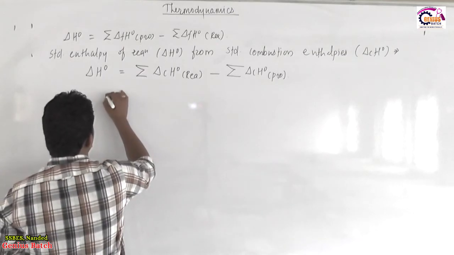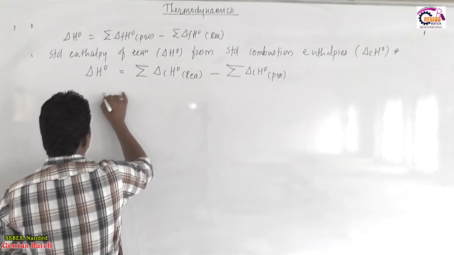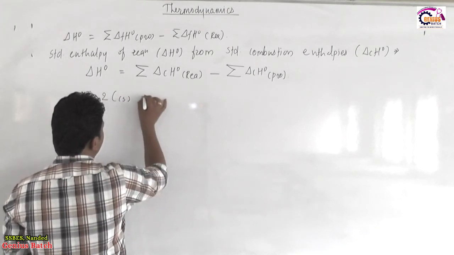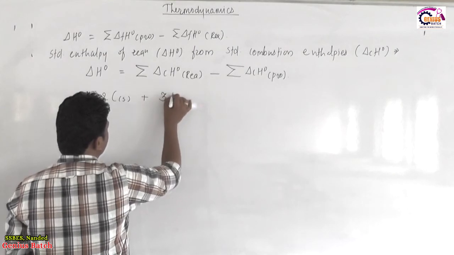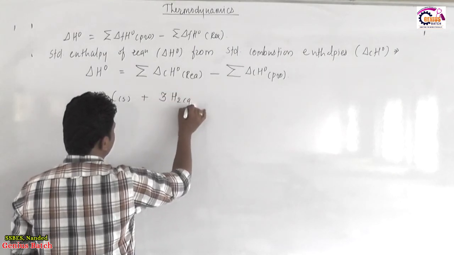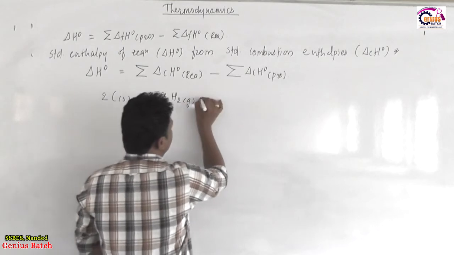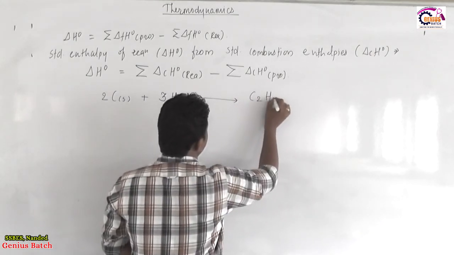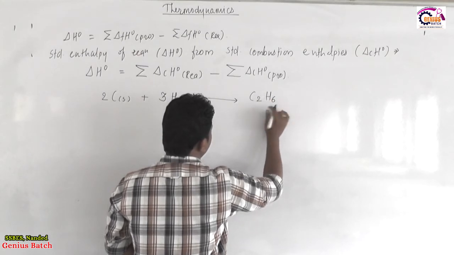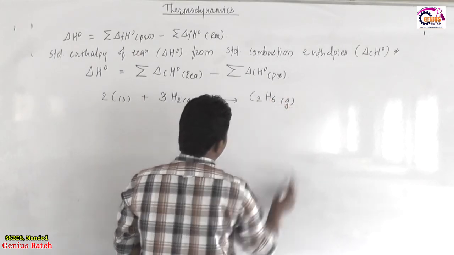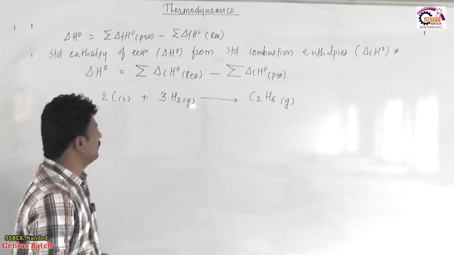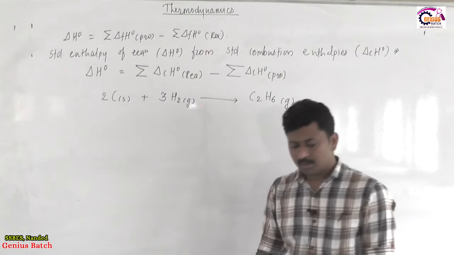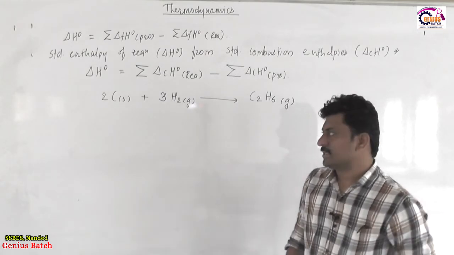So formation of ethane will start from 2 moles of carbon solid plus 3 moles of H2 gaseous converted to C2H6, which is a primary member, so gaseous. 2 carbon plus 3 H2 unit converted into C2H6.